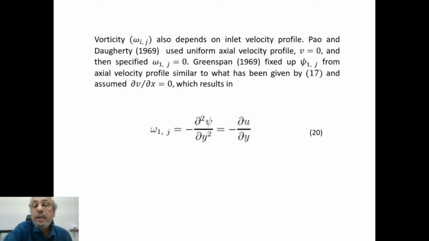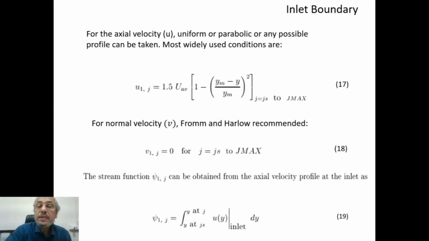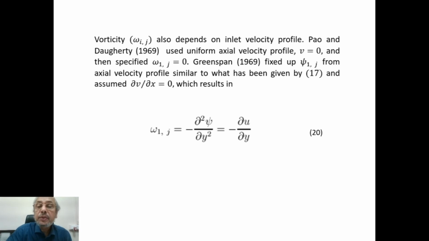Greenspan, a great mathematician, fixed psi 1j from the axial velocity profile, similar to what has been given by equation 17. So psi ij from the axial velocity profile, this I have discussed already, and then assumed ∂v/∂x equal to 0.